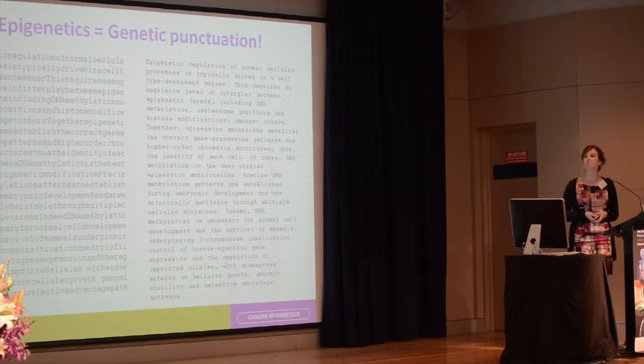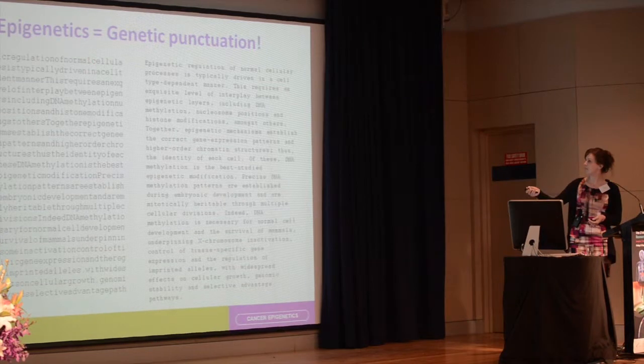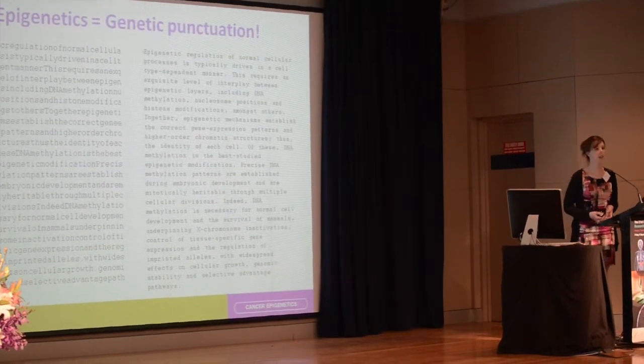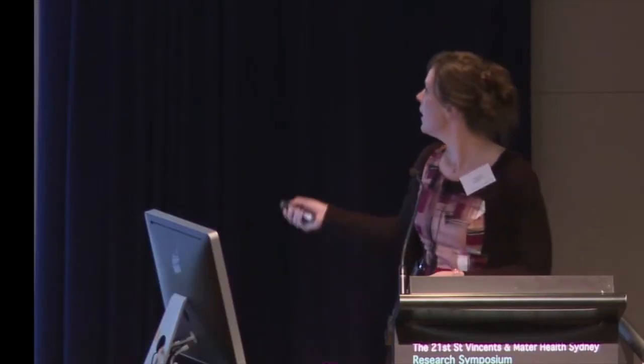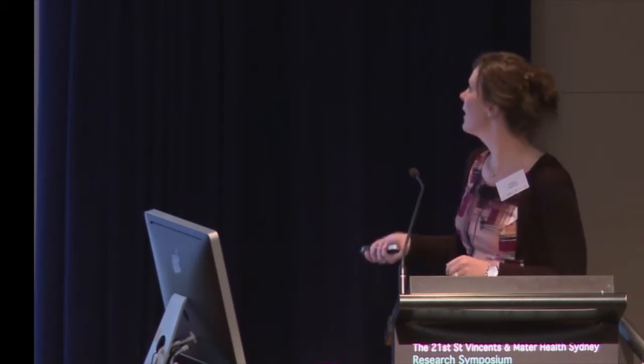So we can think of this as genetic punctuation. If we have all of the same letters outlaid here on the left, when we put the punctuation in, finally that story makes a bit of sense and we get full stops so that we can take a breather and we can read the sentences that are meant to be read.